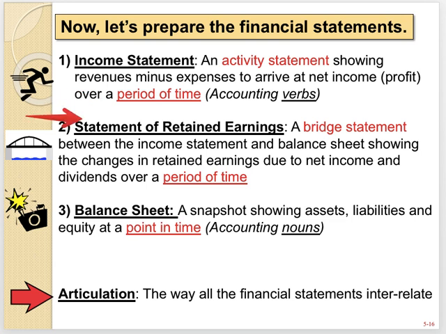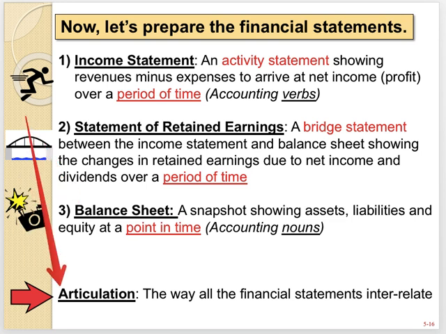The statement of retained earnings is a bridge that shows us any changes in the retained earnings, or the total monies that a business made and held in the business over the entire life of the business. And then the balance sheet is a snapshot of all of the assets, liabilities, and equity at a point in time. So how much the business owns, how much the business owes, and how much the owners can claim.